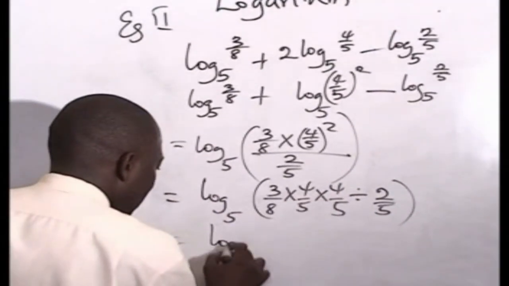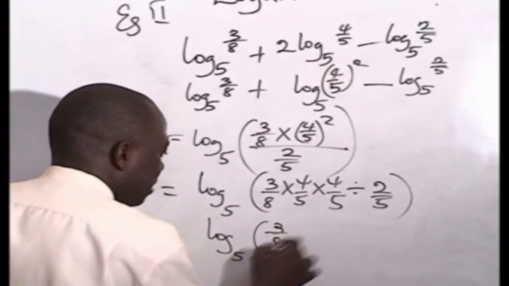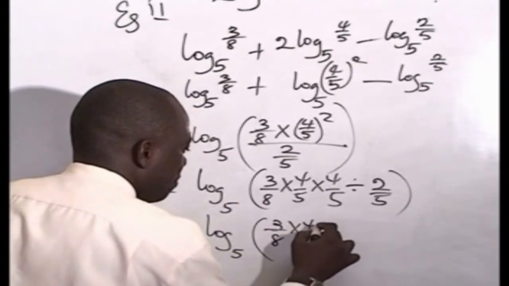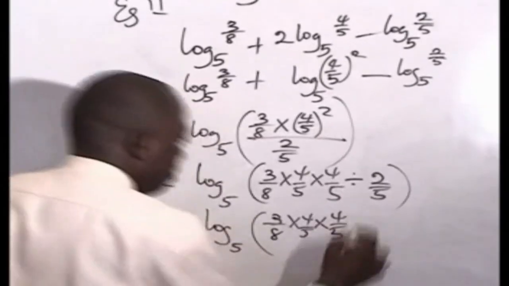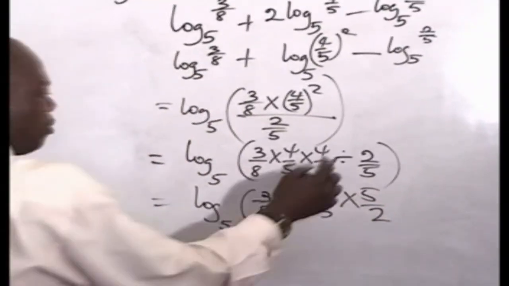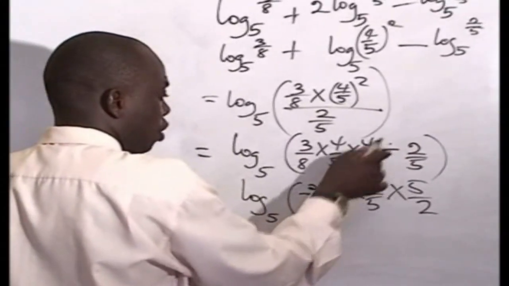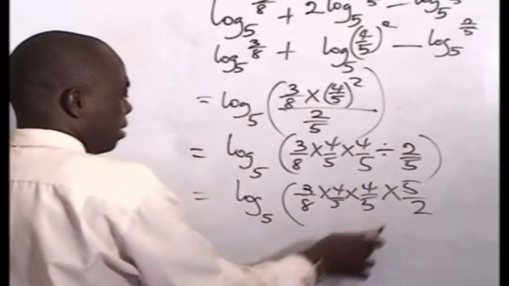So the next line we are going to write, log 5 is still outside. We have 3 over 8 times 4 over 5 times 4 over 5 times 5 over 2. Reason why we have inverted it is because we have changed this division sign to multiplication.